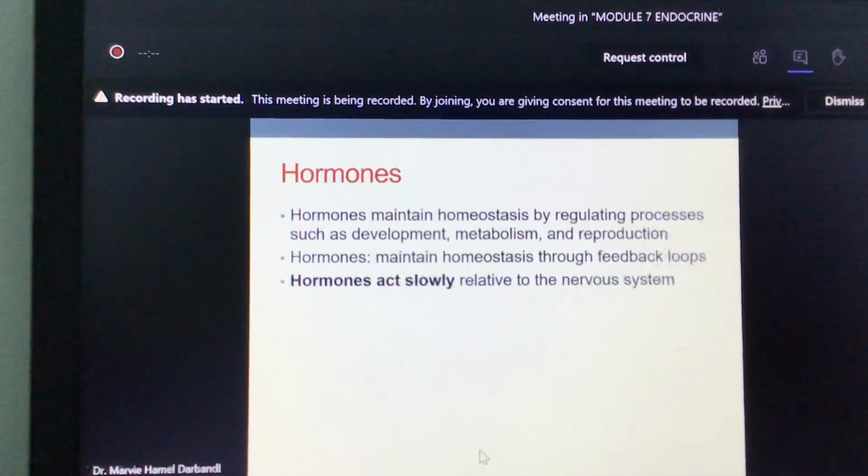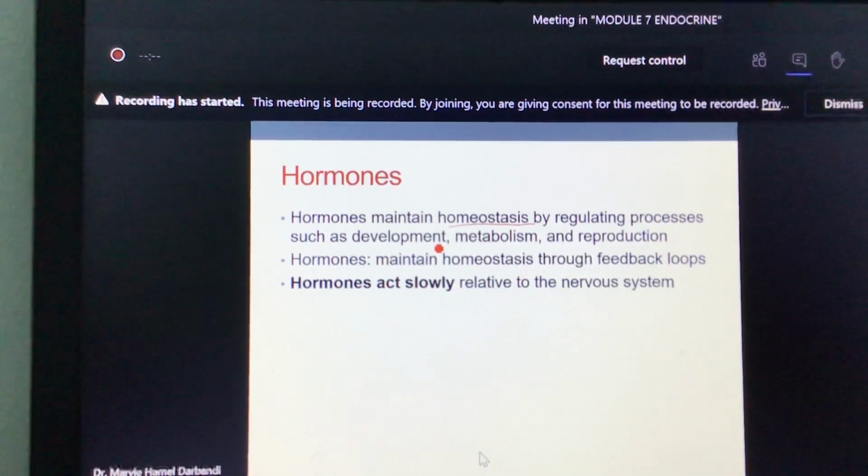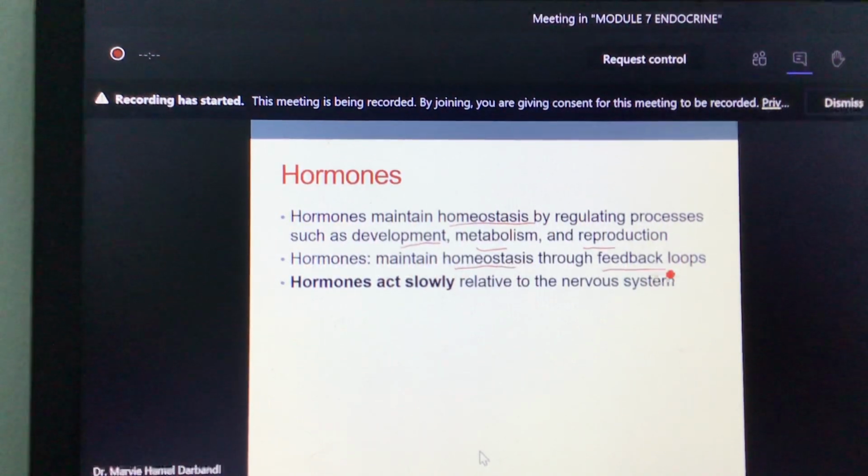So, hormones maintain homeostasis by regulating the processes of development, metabolism, and reproduction. And also, they maintain homeostasis through feedback loops.